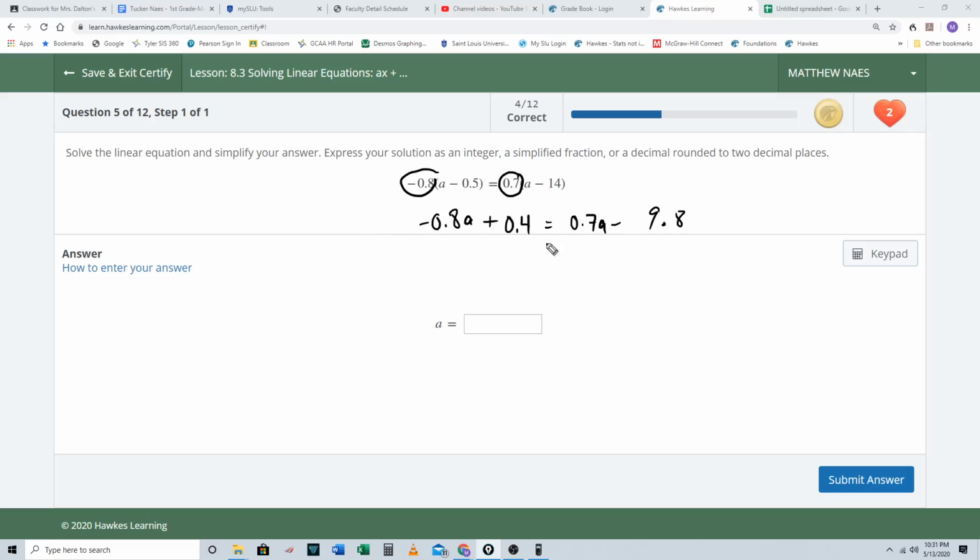Right. So the smallest between these two is the negative, so I'm going to add 0.8 over. 0.4 equals 1.5a minus 9.8. So I'm going to add 9.8 over. Gives you 10.2 equals 1.5a. So last thing to do, divide by 1.5. So 10.2 divided by 1.5.